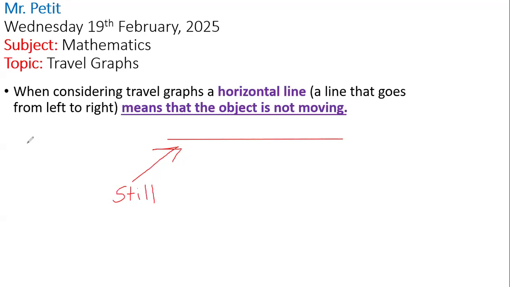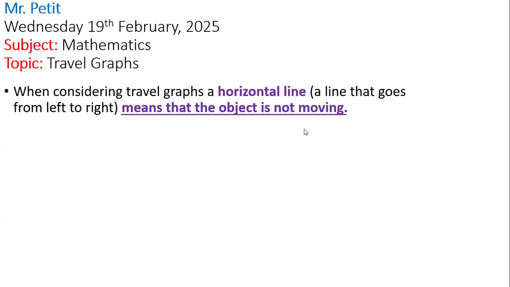Go ahead, Antoine, read the sentence that we have here. I can't hear Antoine. Let's go to Aiden Ardley. Read the sentence for me, please. When considering travel graphs, a horizontal line, a line that goes from left to right, means that the object is not moving. Very good, it's standing still. Randolph Bethel, can you read this sentence?